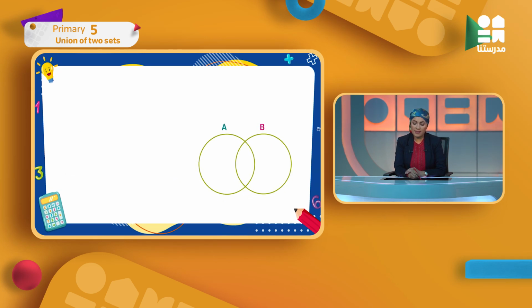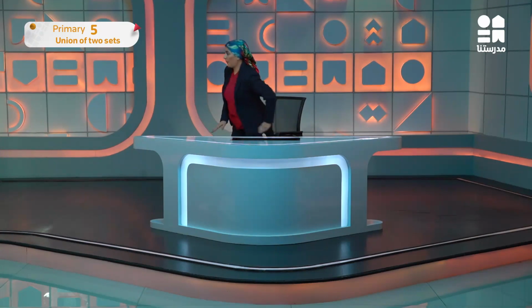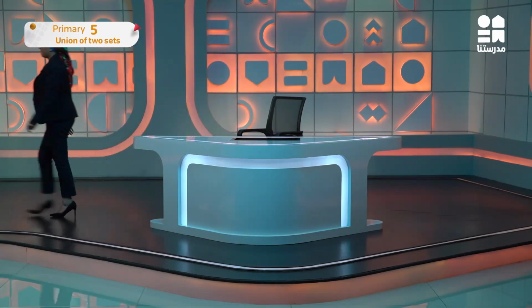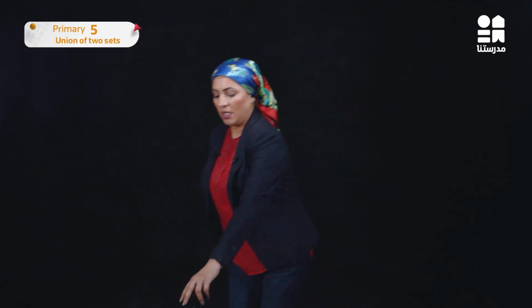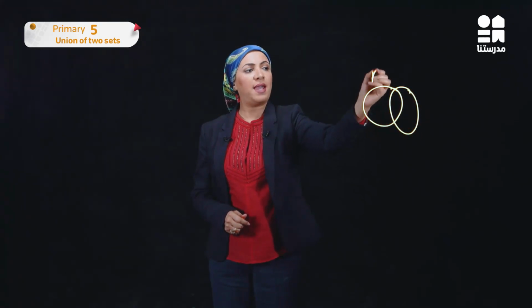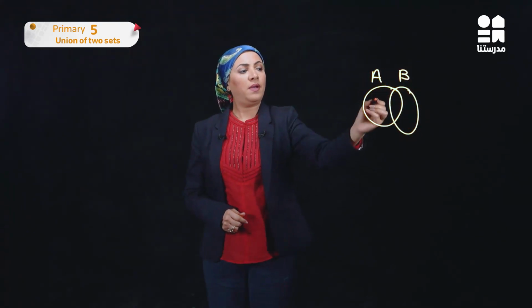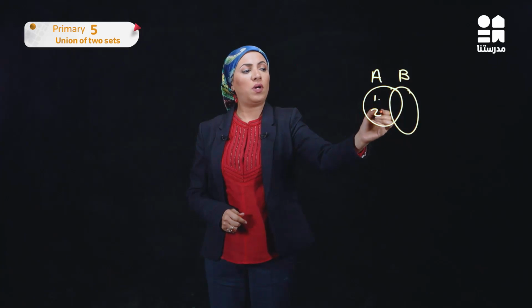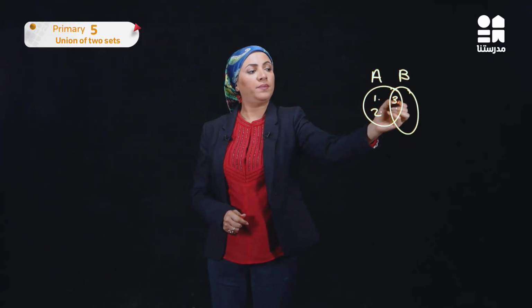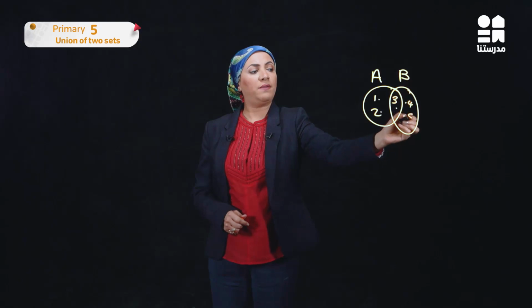Now we have an example that I would like to discuss with you on the board. Okay guys, let's see this example. If I have here the two sets A and B, and the elements are 1, 2, 3, 4, and 5.